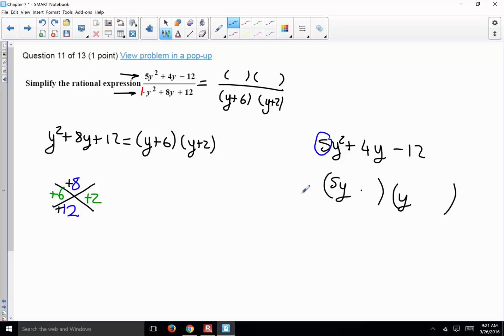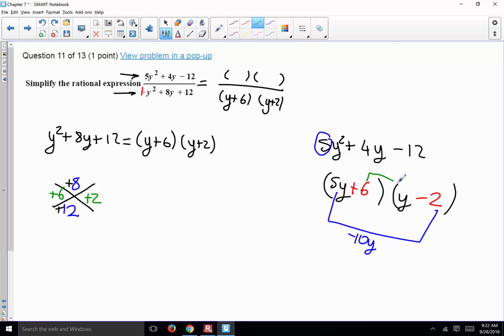This is trial and error. Can you tell me what two numbers make this minus 12 and 4y when you FOIL it? Anyone? Anyone gifted? Alright, let's try. 6 and negative 2. What's the test? You multiply outside numbers first. Minus 2 times 5 is minus 10y.